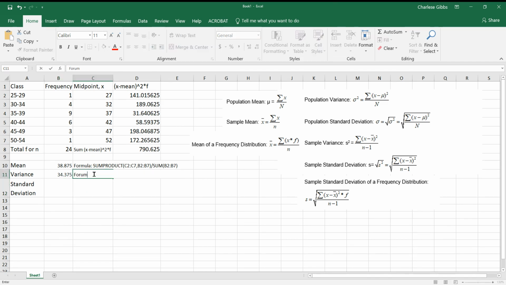And I'm going to put that formula here. So we did D8 divided by 23, which is n minus 1. So my sum divided by my frequency minus 1, or n minus 1. Total frequency minus 1. That gives variance.